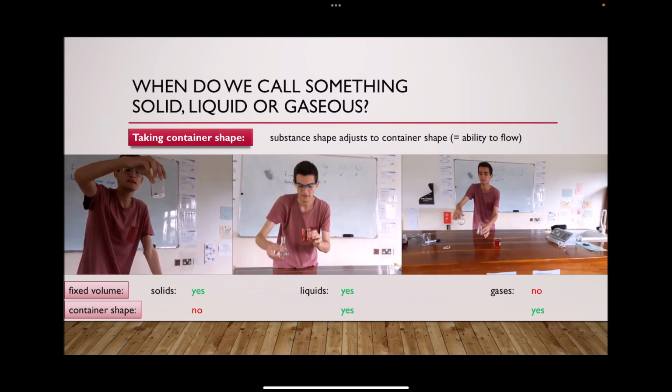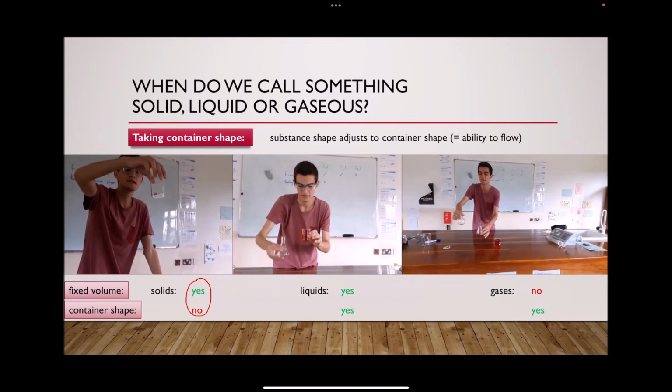And now if we look at this sort of table at the bottom, we see that with fixed volume and container shape, we have laid the foundation to identify every state of matter clearly. A substance which has a fixed volume but does not take the shape of the container must be in the solid state of matter.